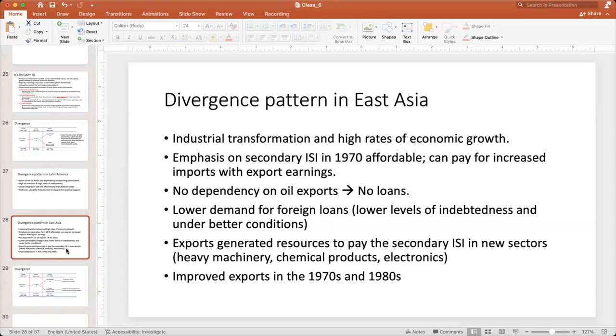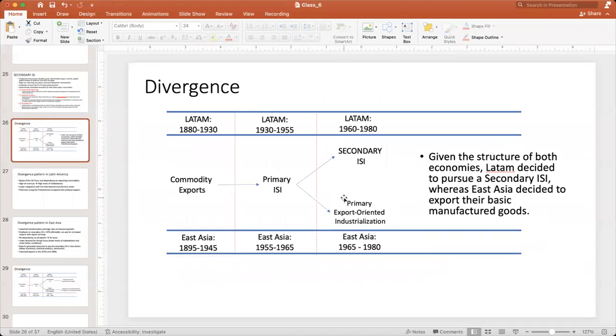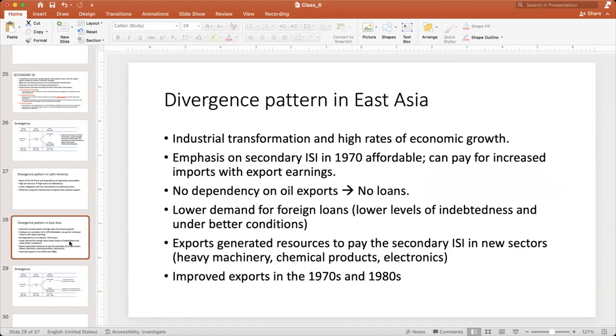Because they couldn't pay for imports with oil exports, they had to be better in the production of the primary or basic industrialized products, and they had to go to the international market and export this type of products. So this is the main divergence.